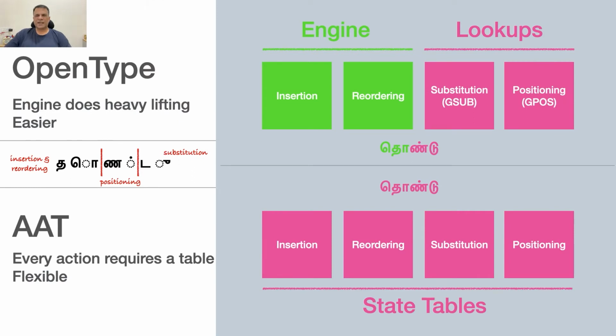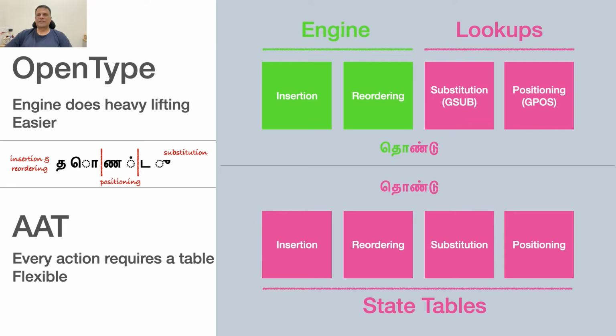Here's a quick demonstration of how things work in OpenType and AAT, just for comparison's sake. In OpenType, the insertion and reordering is done by the engine. We don't need to worry about it. The engine understands which glyphs need to be reordered and where glyphs need to be inserted. All that is done for us. We just take care of substitution and positioning marks and other glyphs over base letters.